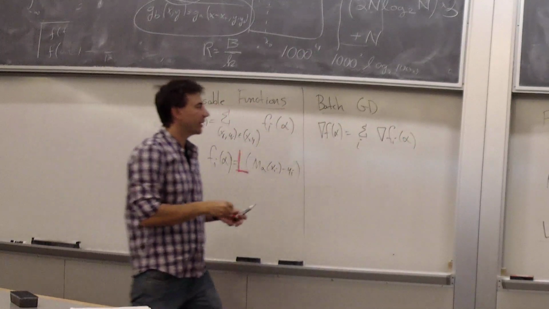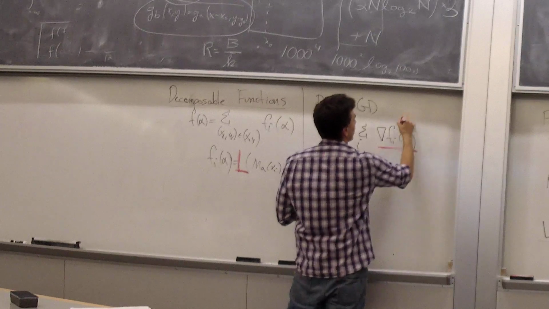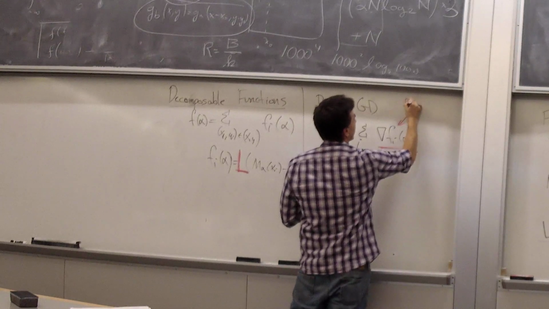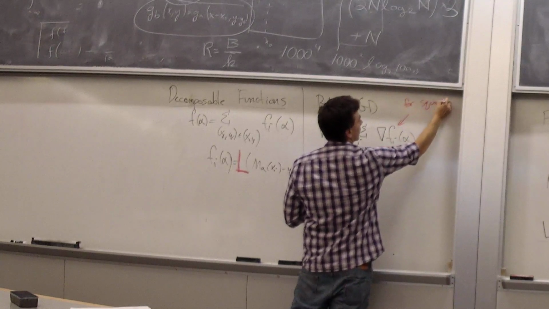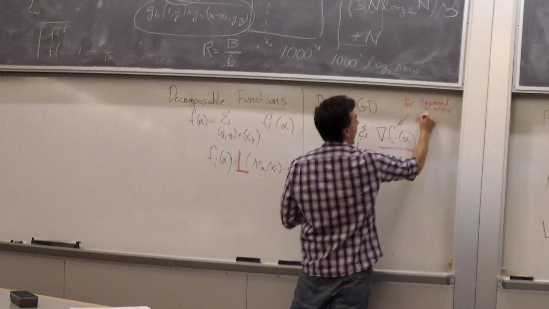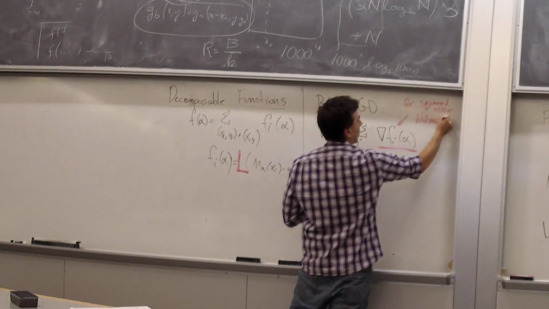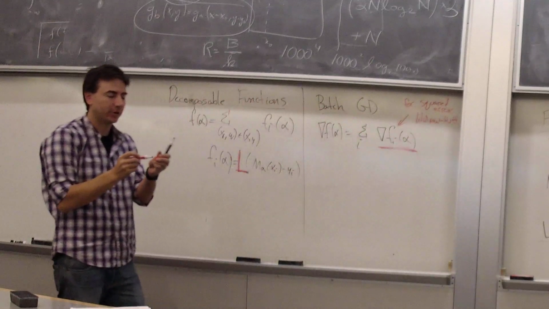Okay, and so for squared error, here I can use the Widrow-Hoff rule, which I detailed over there, right?